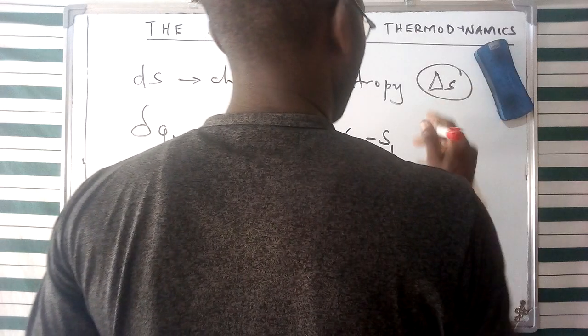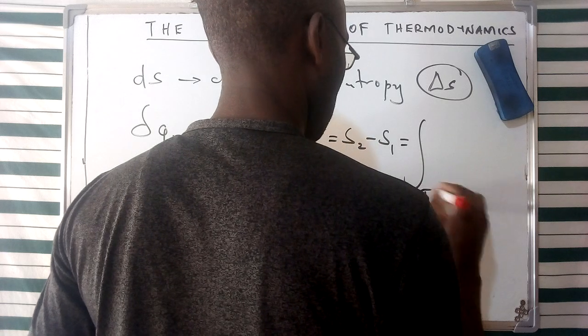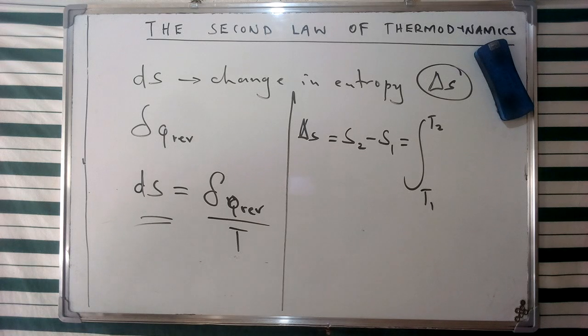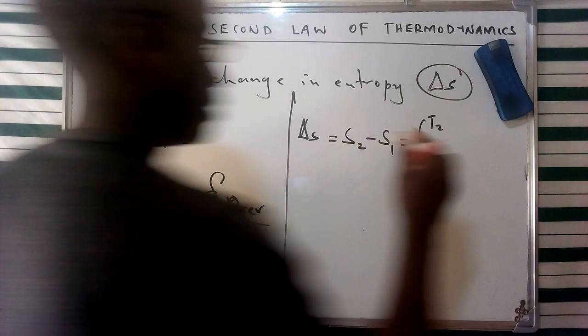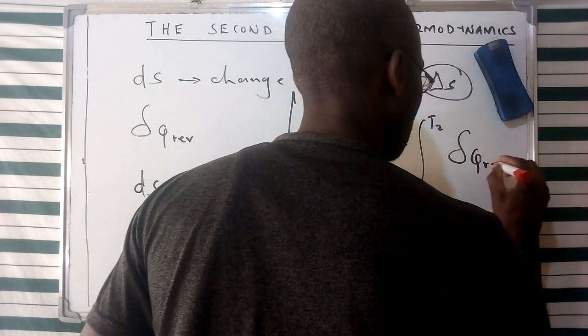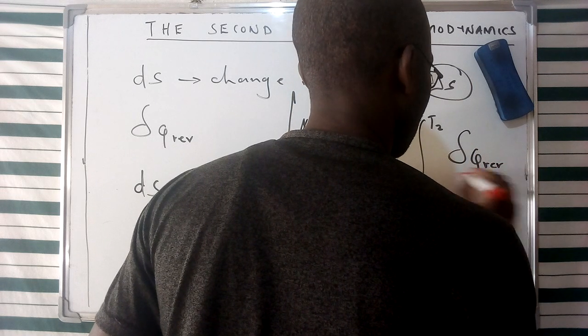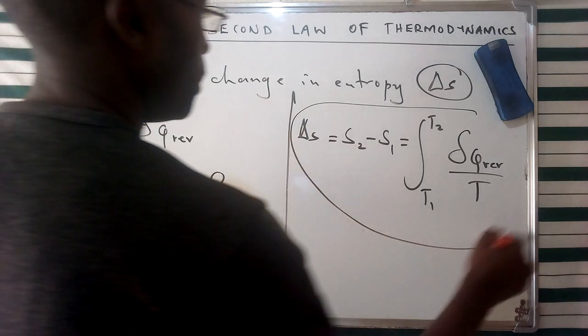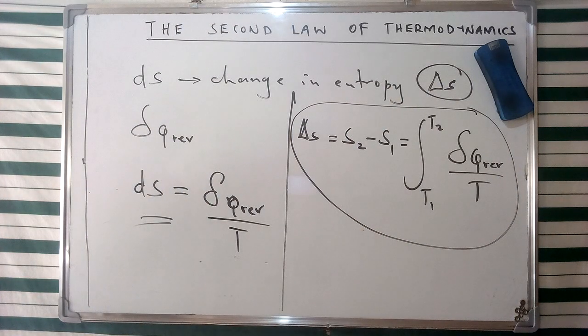So for us to find the total energy, we're going to do an integration between two specific temperatures, T1 and T2, of this particular value of Q. This is sigma Q reversible over T given as such. So therefore this is going to create for us a description for trying to find the entropy of a system. And of course this is going to be forming a basis for us in trying to describe other subjects which are going to be accompanying this concept of entropy.